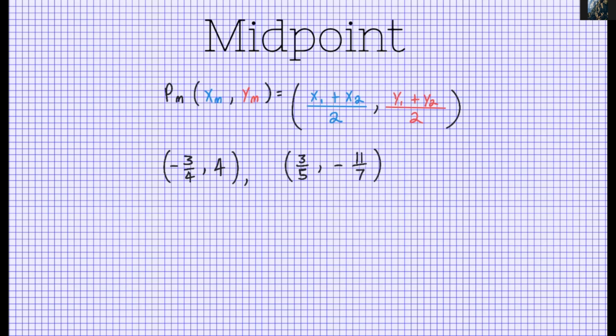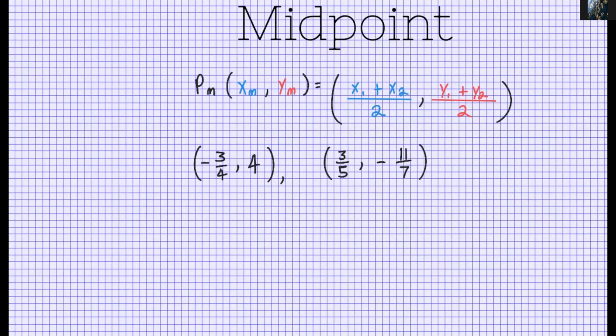Now, as you saw in the graphical example, it doesn't matter if we call this point 1 and this point 2, or vice versa, we get to the same answer. So let's just name this point 1 and this point 2. So this will be our x1 and x2. This will be y1, and this will be y2.